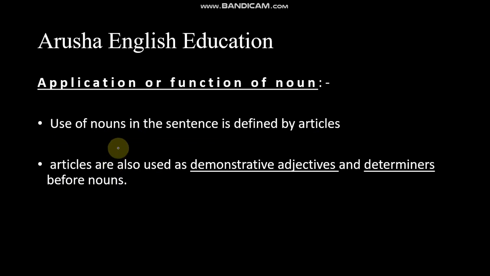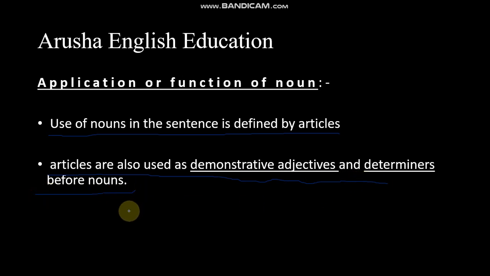Now, we can also say that the use of a noun in the sentence is defined by the article. Articles are also used as demonstrative adjectives and determiners before a noun. In the sentence, the article is used before a noun, but they can also be used as demonstrative adjectives and determiners.